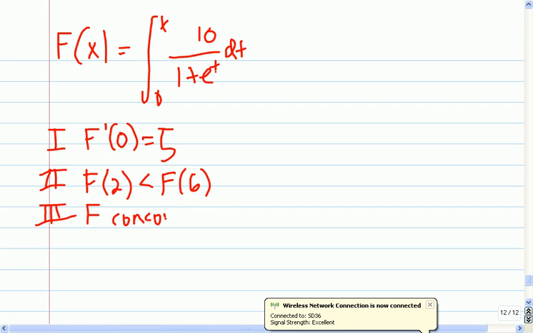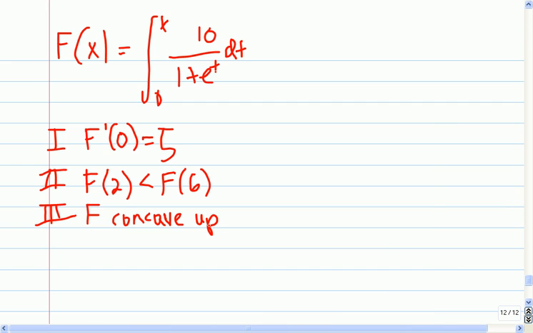So, how do we figure out if the first one is true or not? Do you see the connection between f and f prime here? How do we figure out the derivative of f if we know how to get its integral?